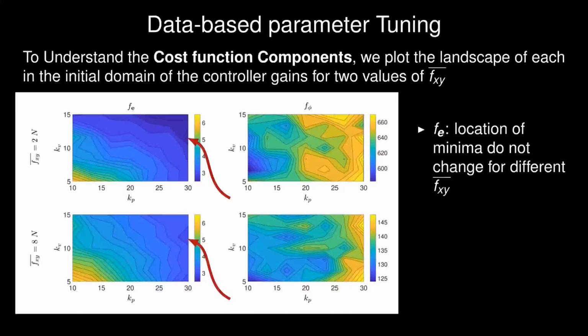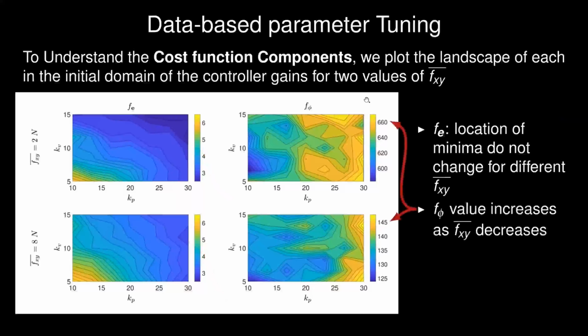and the position error changes moderately. On the other hand, the angular component shows a different behavior, where it can be seen that the number of local minima increases substantially for a greater bound. In addition, as the bound is increased, the values of the angular component decrease substantially.